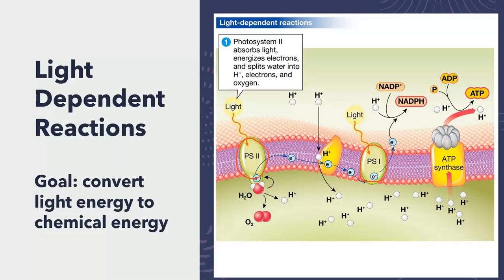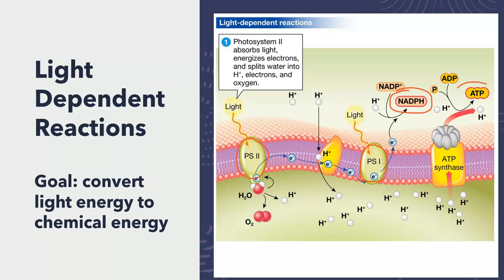And these electrons are ultimately going to be captured by a molecule that's called NADPH. Don't worry too much about what it stands for. Just know that it kind of carries energized electrons, and we're going to need them later on.